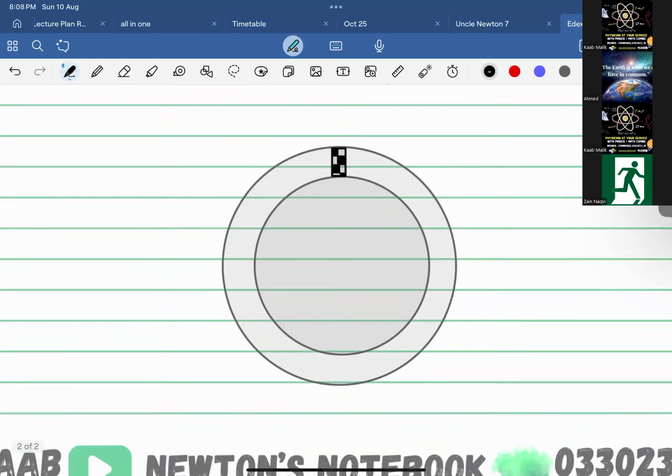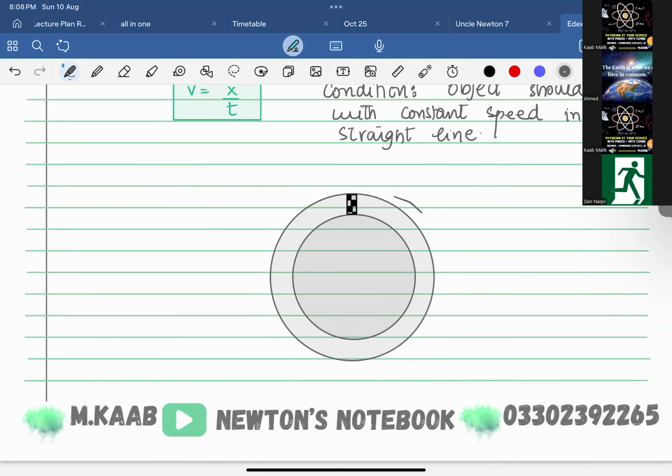Let me just give you something. The sprinter moves in this direction, gets to this point and still moving in that direction, then a bit back, and ends up here.